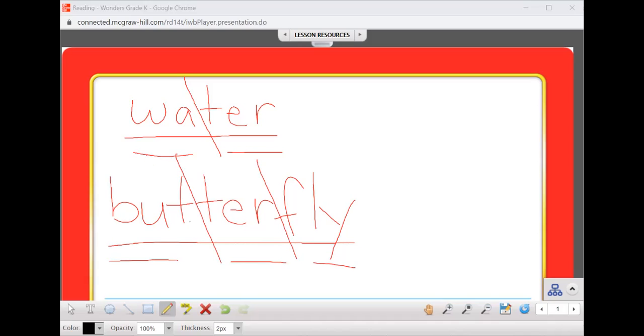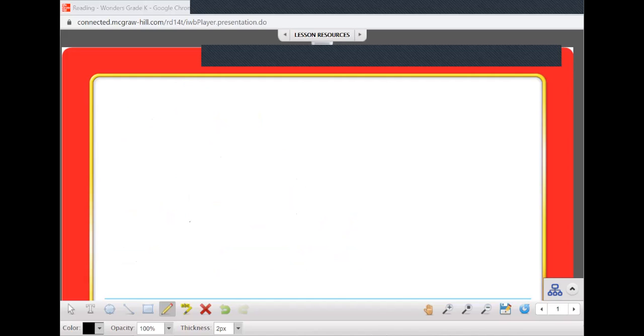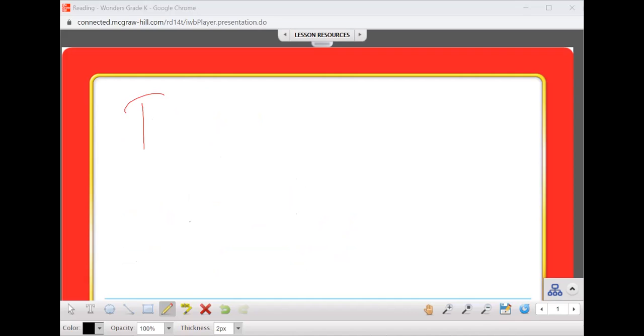We can actually probably go over here and do butterfly. So we can actually erase this one. Butterfly. 3 syllables in butterfly. Okay. Let's clap the parts of this word.